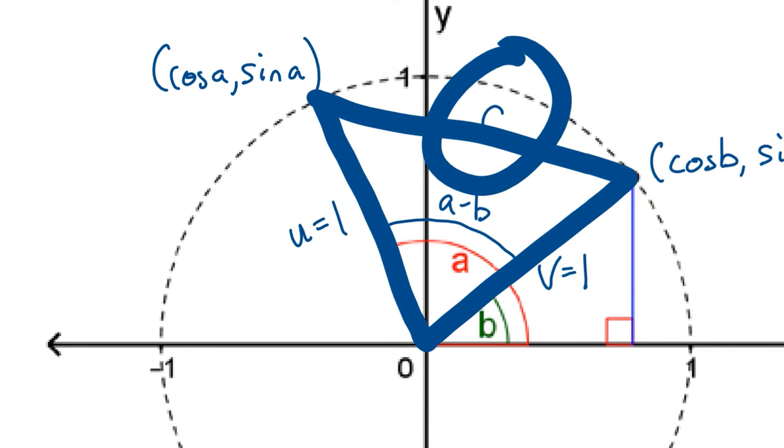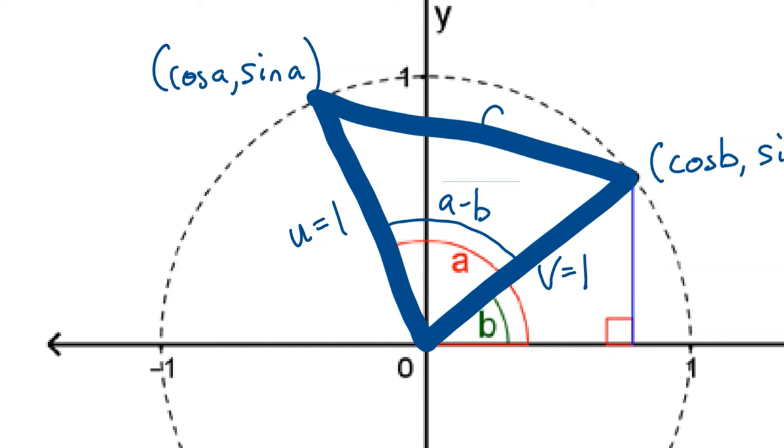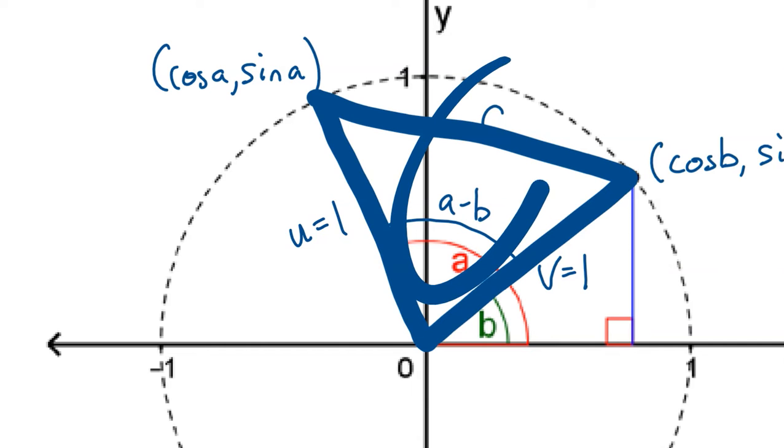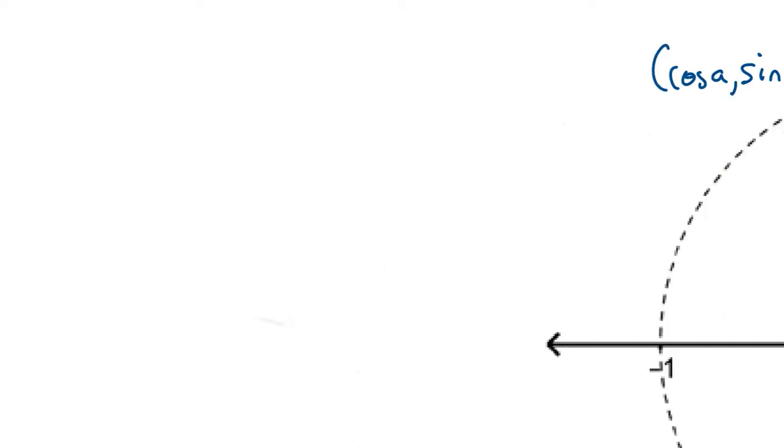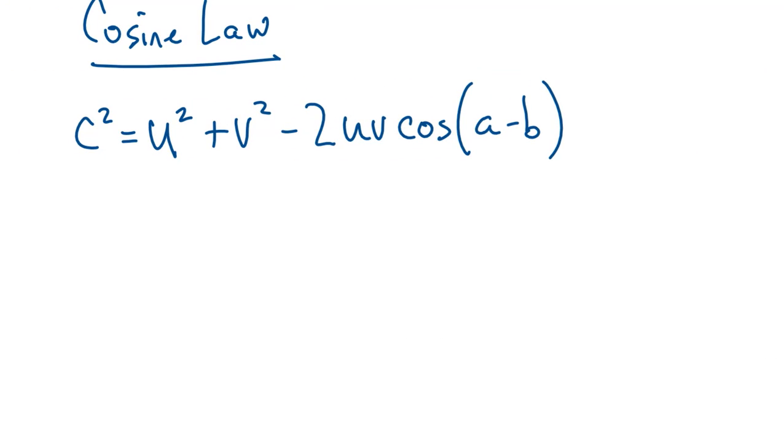C squared equals U squared plus V squared minus 2UV times cos of the angle across from the C, which is A minus B. Okay? We know U and V. They're equal to 1. Let's sub them in.